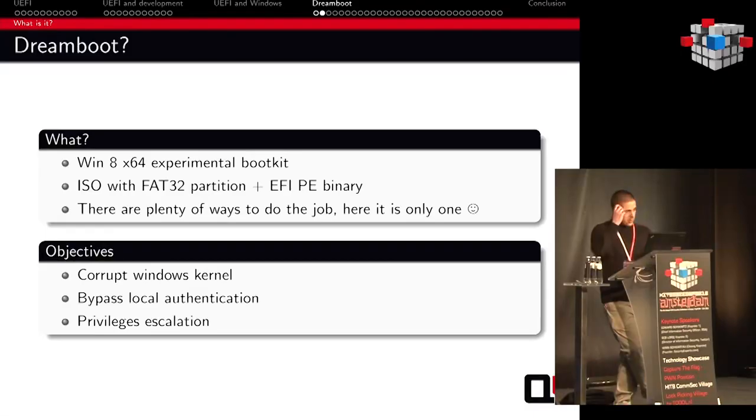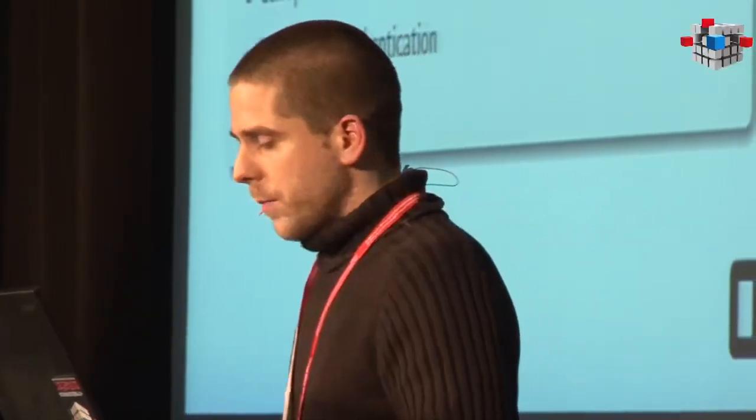So my idea with Dreambot is to execute some code in userland. The first idea is to bypass local authentication, a bit like the tool called Conboot, if you know it.